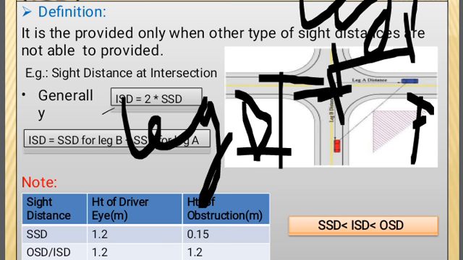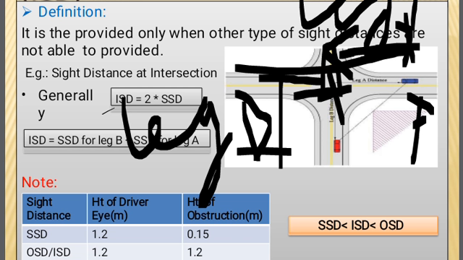Now for the blue vehicle, the distance from the blue vehicle to this intersection is the stopping sight distance for the blue vehicle, and similarly the distance from the red vehicle to this intersection is the stopping sight distance for the red vehicle.